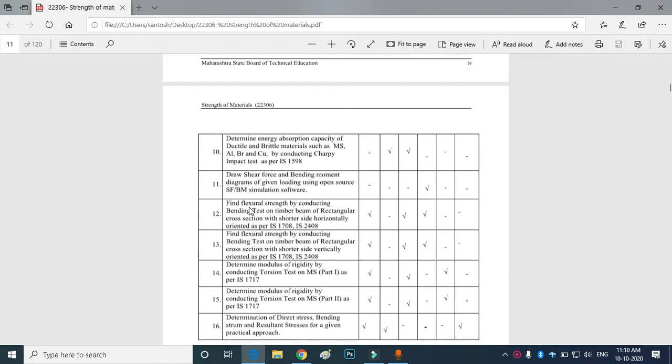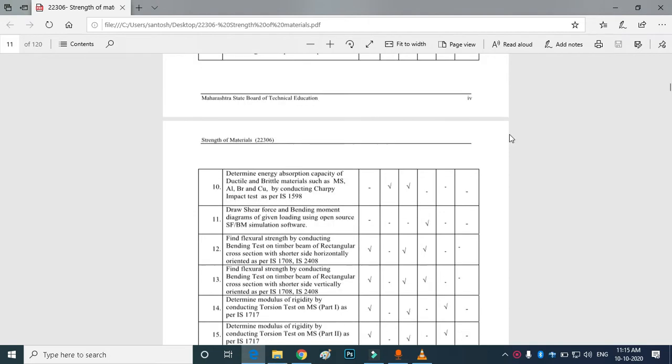You have to do this practical online. So in this practical there is no need of instruments, there is no need of any of the machines. Only software is required, and that too you can do it online.